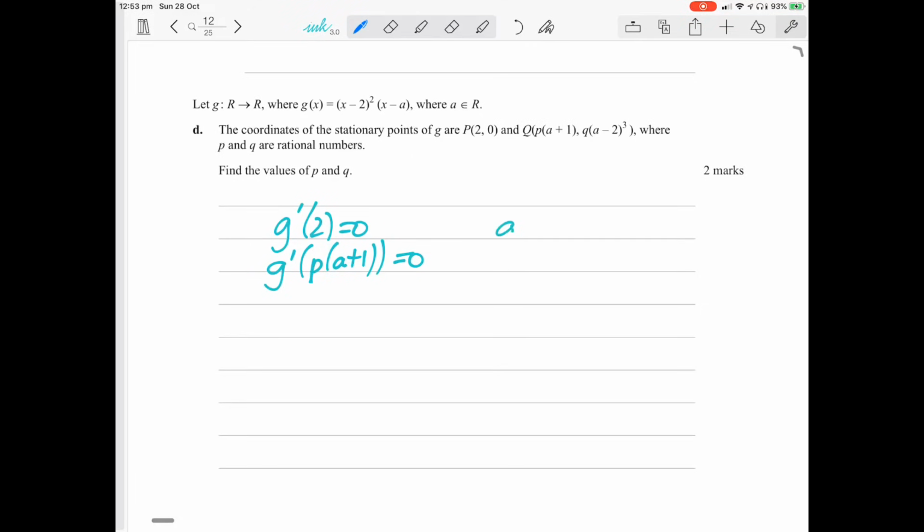And we can say g of 2 is equal to 0, and g of p(a+1) equals q(a-2)^3.